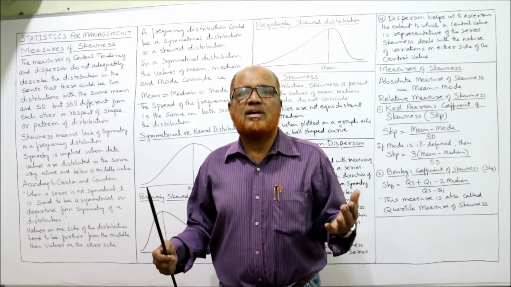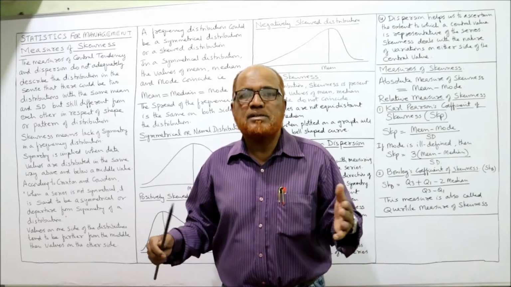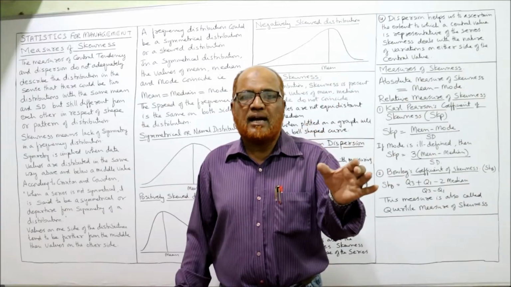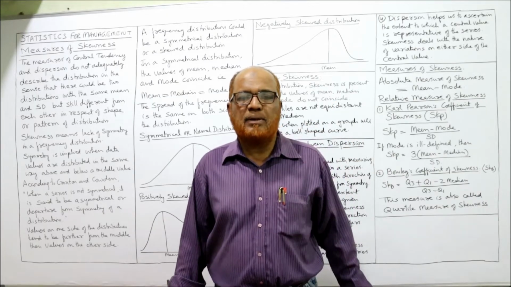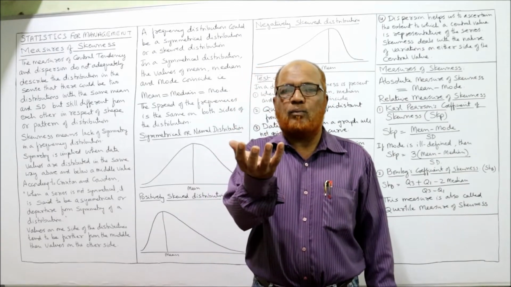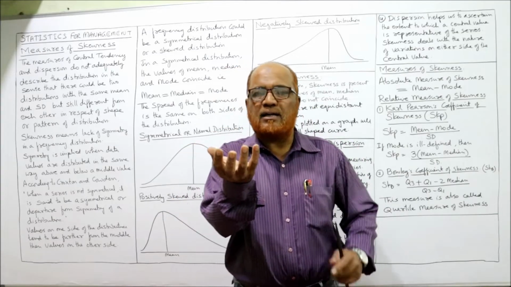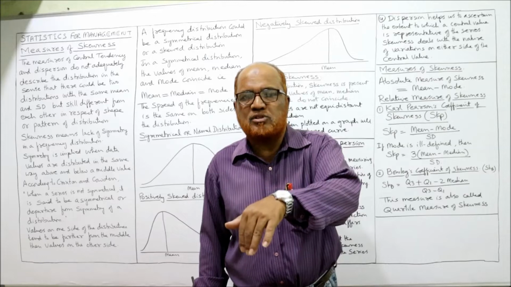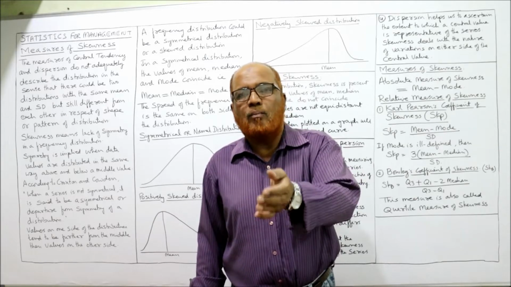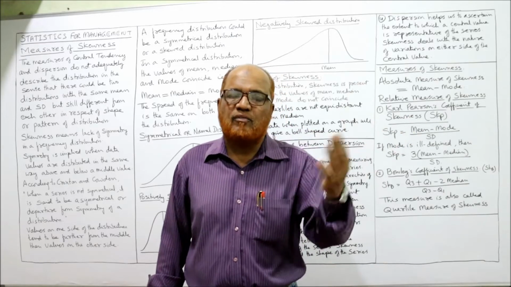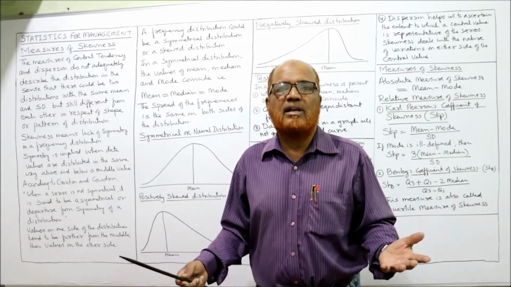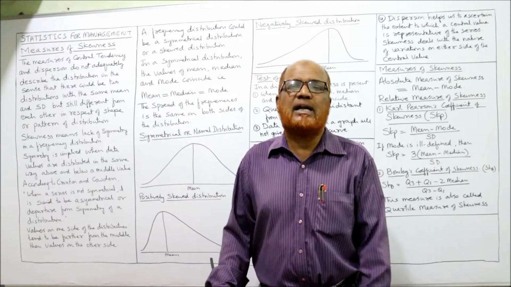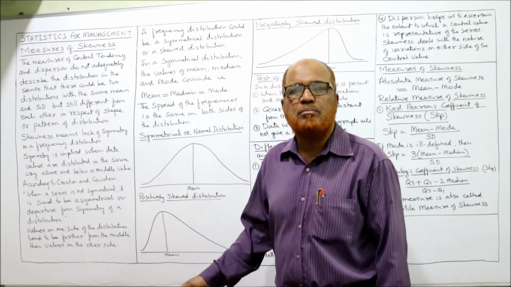Most of the cases we come where the data will not be symmetrical. One side the data will be more, the other side data will be less. For example, from the central value, more items will be above, less items will be below. Or more items will be below, less items will be above. Like this we will come across, this is called skewed data or asymmetrical data.